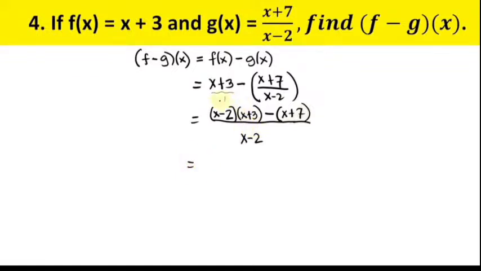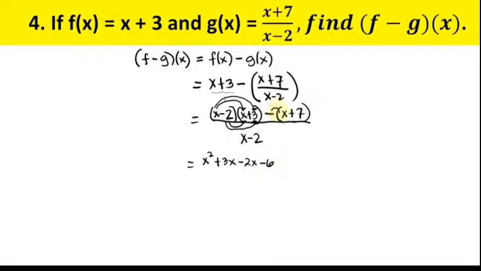So we have x times x, so magiging x squared, x times 3, so we have positive 3x, and negative 2 times x, so magiging negative 2x. The negative 2 times positive 3 magiging negative 6.